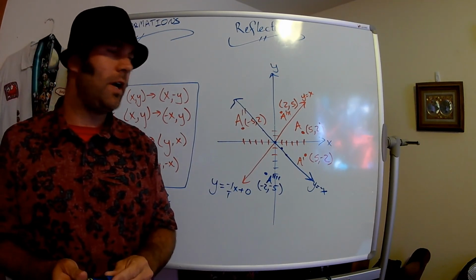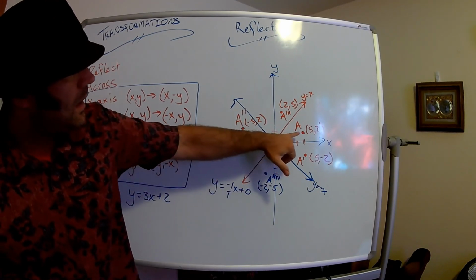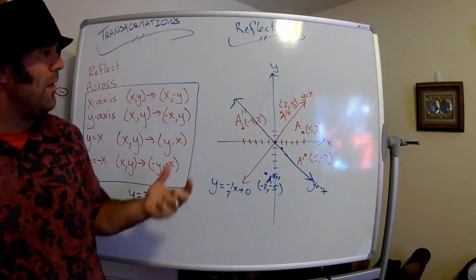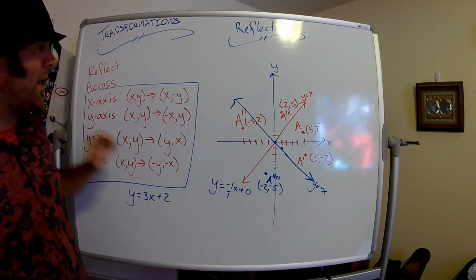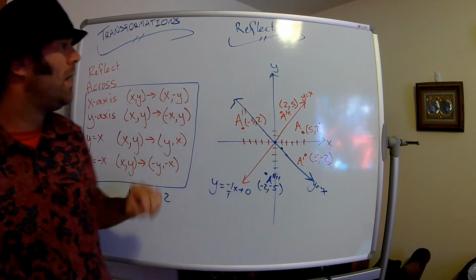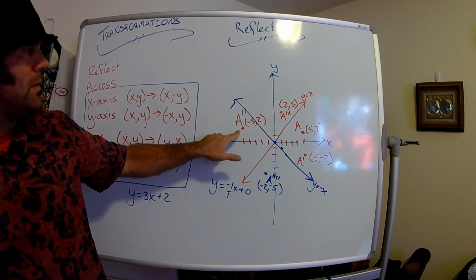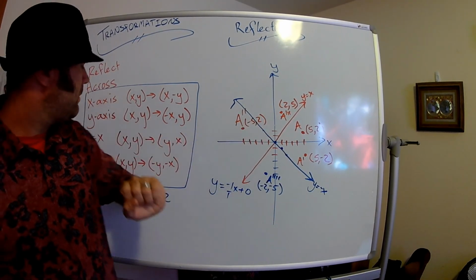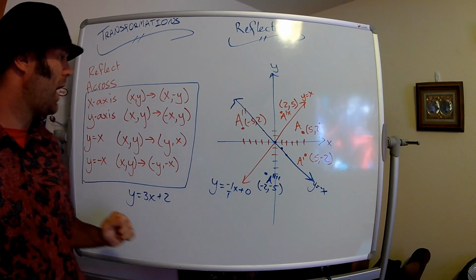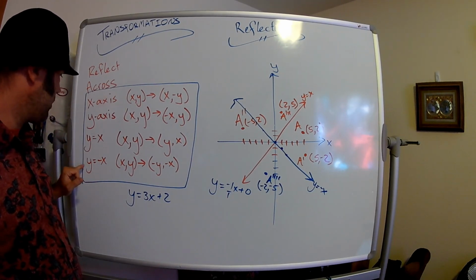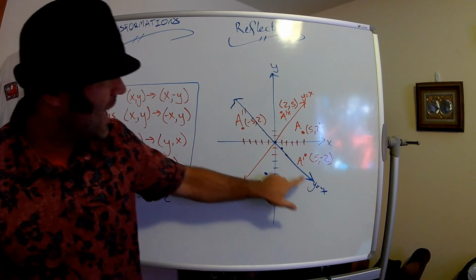Okay? So let's go ahead and give the assignment a shot. Remember, we've got our original point, and then I've got a few different points up here. The A prime is just indicating the x-axis reflection from A. A double prime is the y-axis reflection from A. And the A triple prime is the y equals x reflection from A. And then the quadruple prime, that is the reflection across the line y equals negative x.